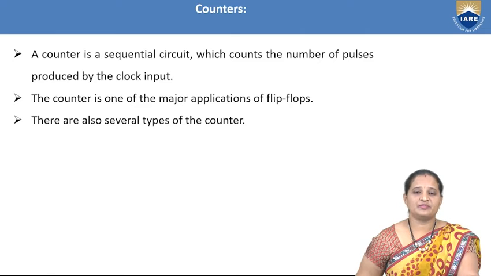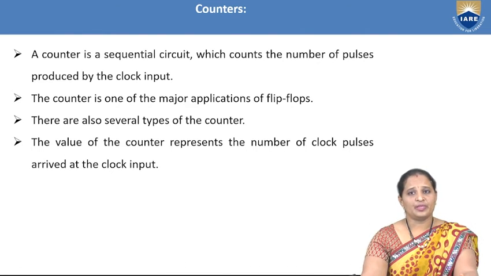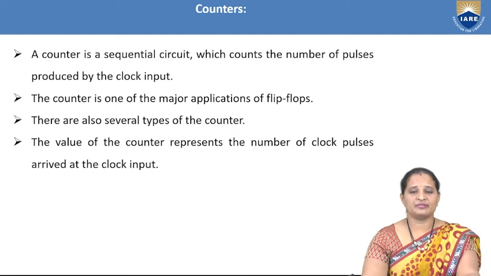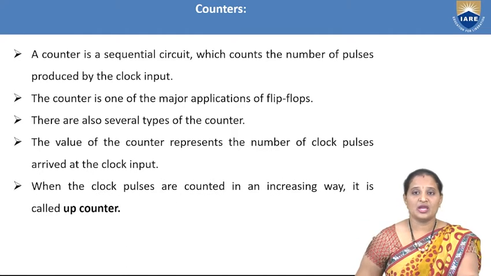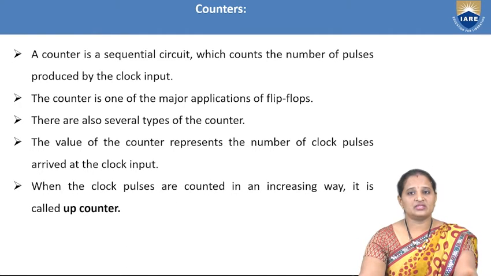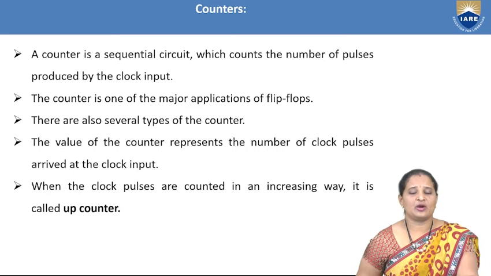We have several types of counters, and here the value of the counter represents the number of clock pulses that arrived at the clock input of the flip-flop. When the clock pulses are counted, we have two types of counters: up counter and down counter. What do you mean by up counter?